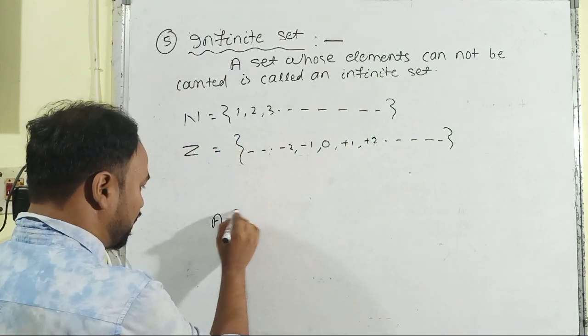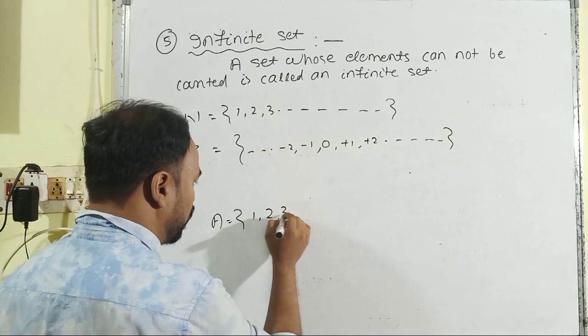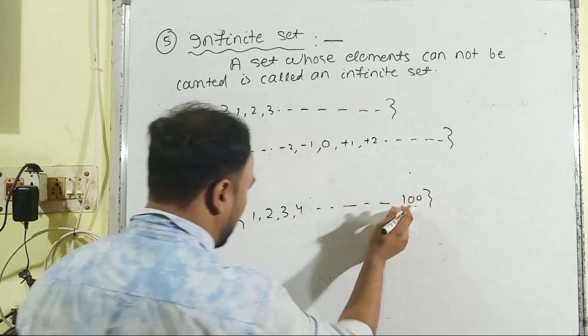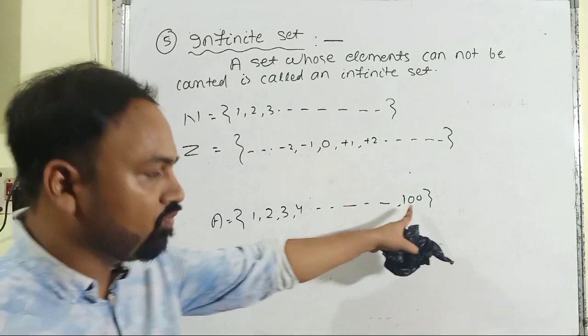Suppose I have taken a set A here, and A is given as 1, 2, 3, 4 up to, in the last part, it has given a number, and that is 100. Then this is finite.